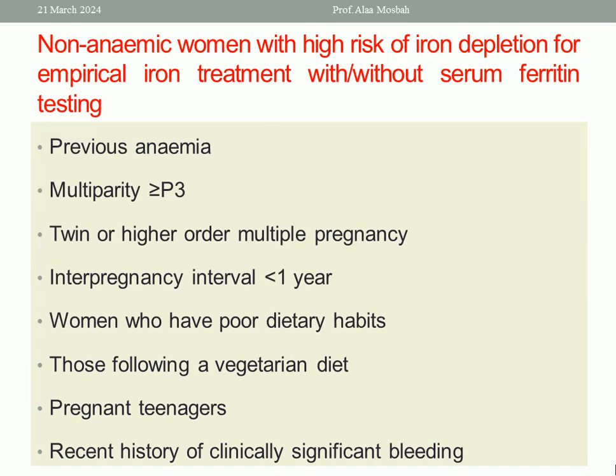So, those women need to be given empirical iron treatment with or without serum ferritin testing, although they are non-anemic, because they are at high risk for iron depletion. Okay?